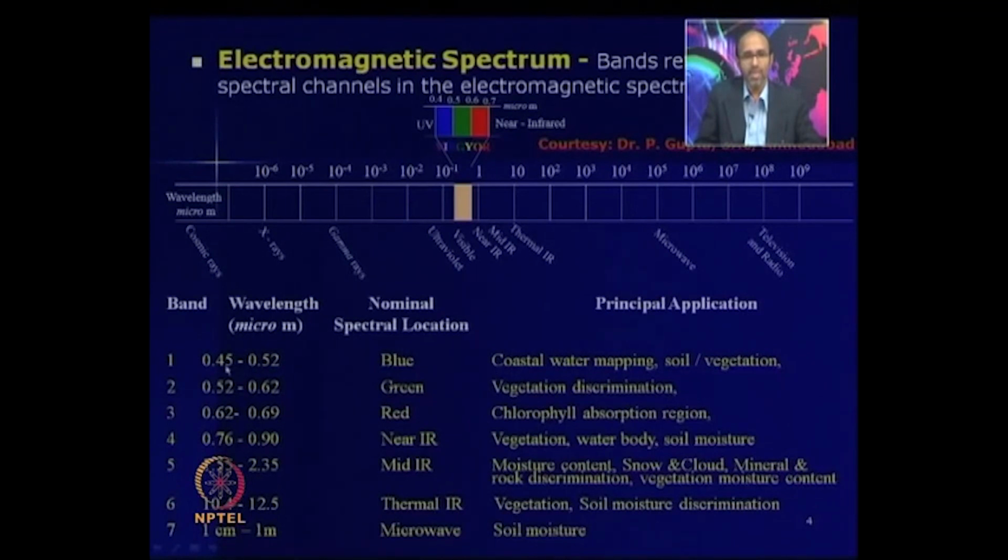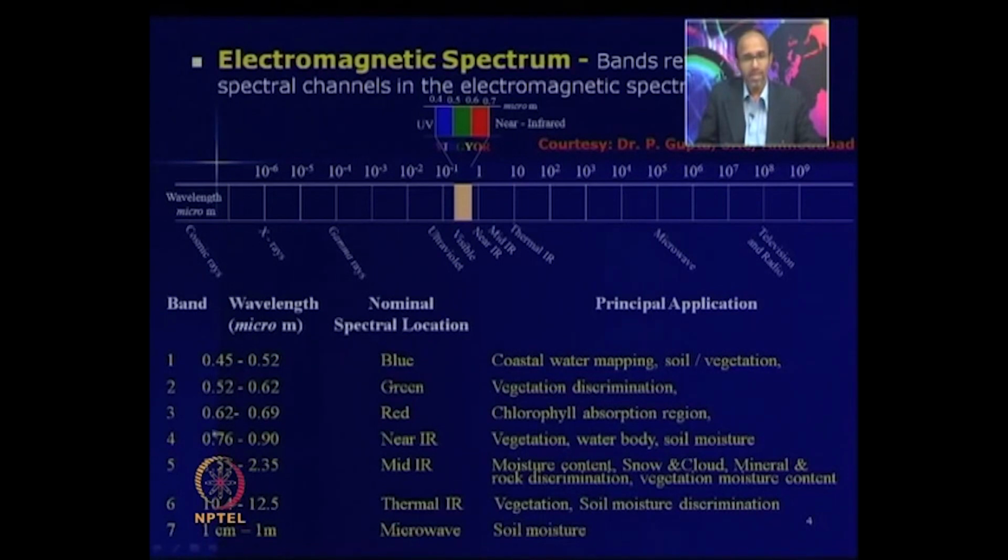For example, in band 1, 0.45 to 0.52, we can use it for coastal water mapping, soil or vegetation. Then 0.5 to 0.62, which is the nominal spectral location in the green range, we can use for vegetation discrimination.